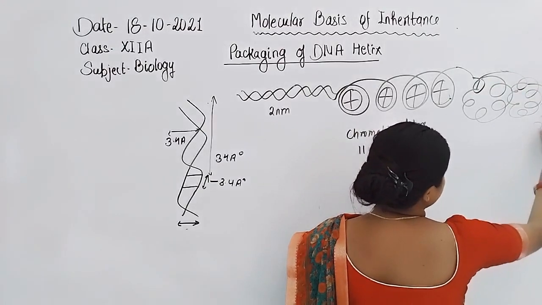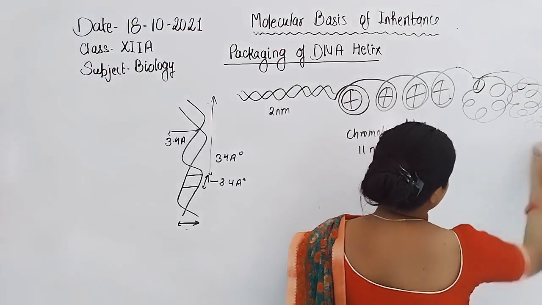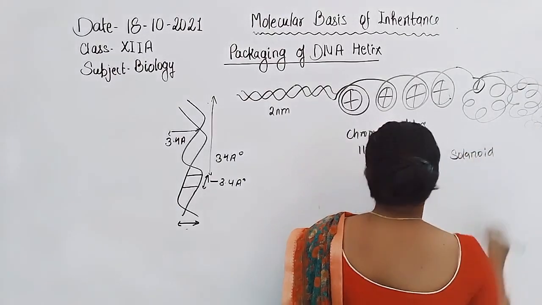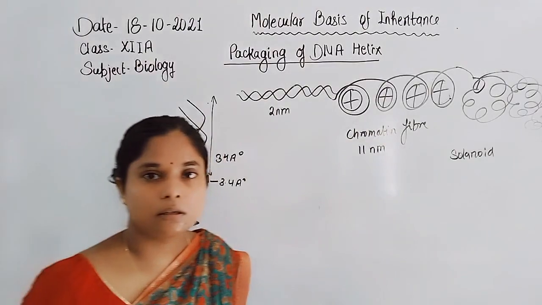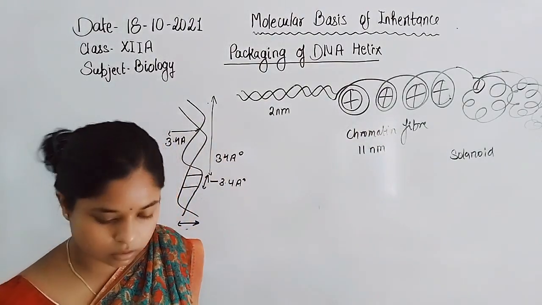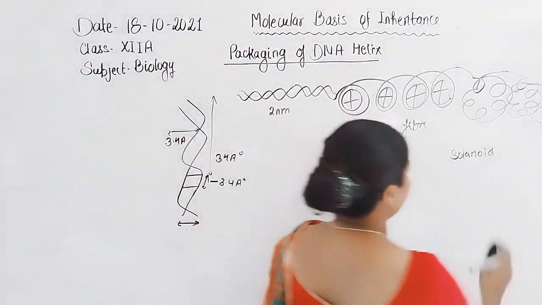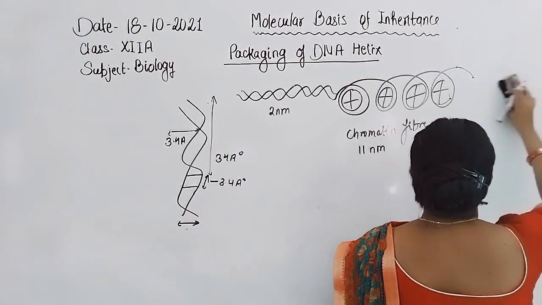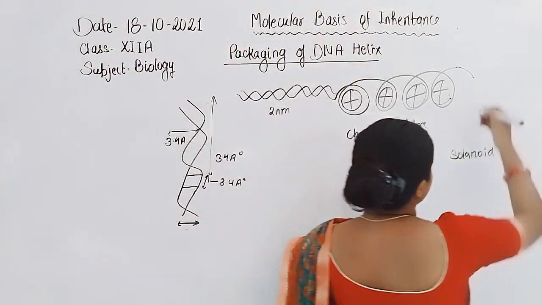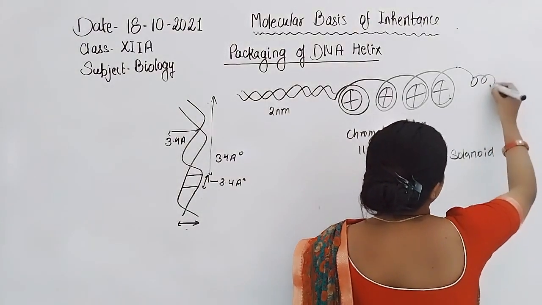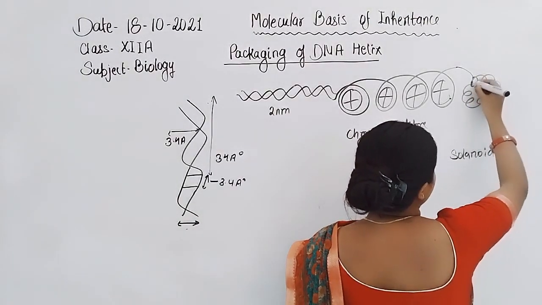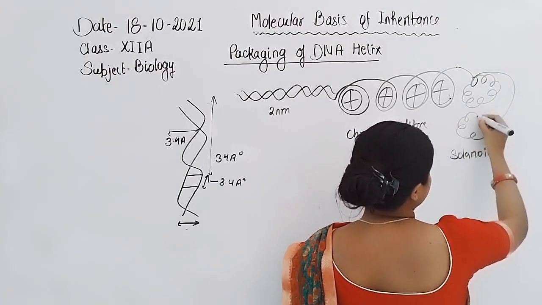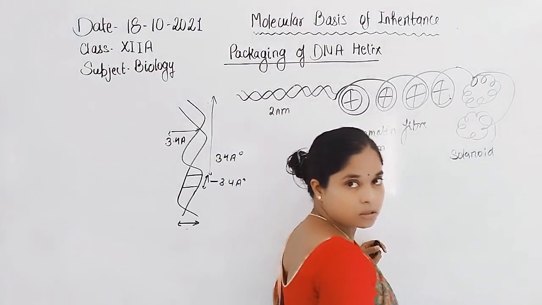This is the solenoid structure of DNA, formed by repetitive coiling of the nucleosome. So this is the structure of solenoid.